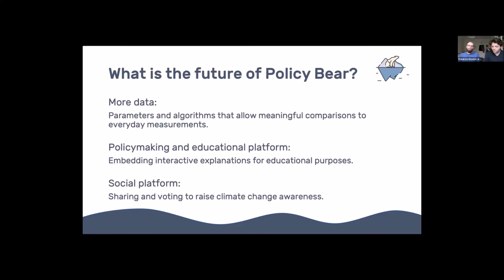So we would like to implement some interactive explanations on every step on our website, so that users can follow these steps and get additional information on, for example, the parameters and their interactions with climate, environmental changes, etc. And maybe also in the future, we would like to add some more social features, such as sharing or voting on the text graphics that you've created with our tool Policy Bear.